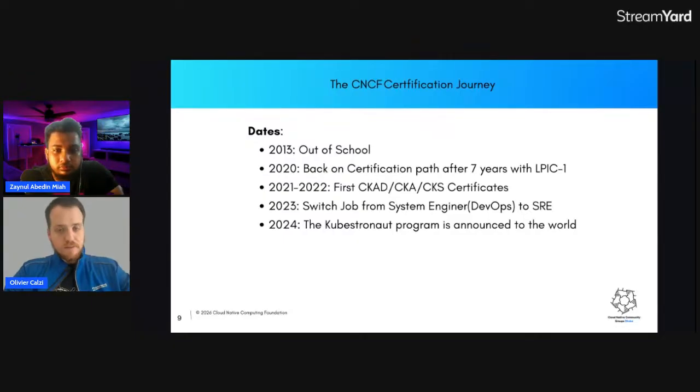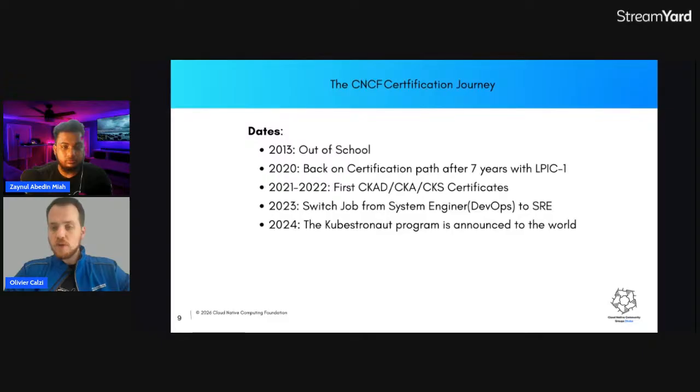And as with many projects, it has to come to an end at some point. And I switched jobs in 2023. At the time, I became an SRE, and I was only looking to renew my CKA because the KCA and KCNA were already out at the time, but I had no interest in renewing them all because those were associate level.